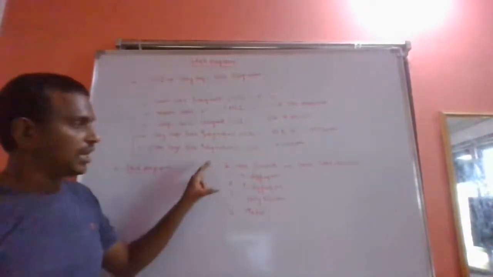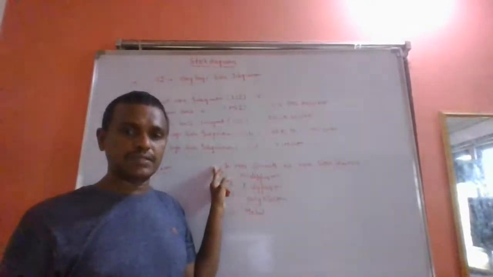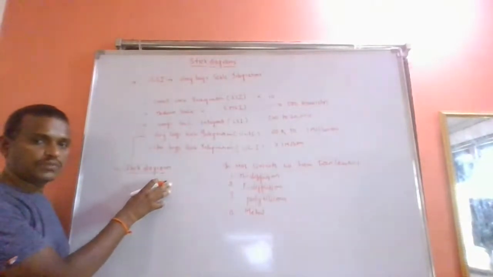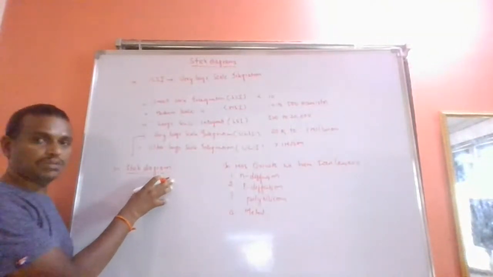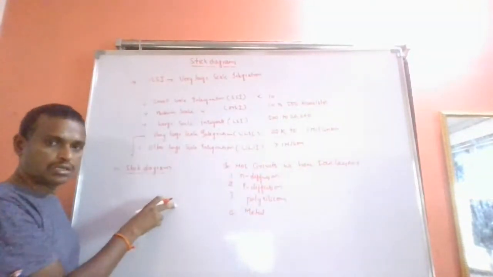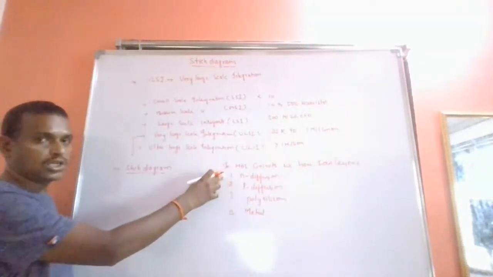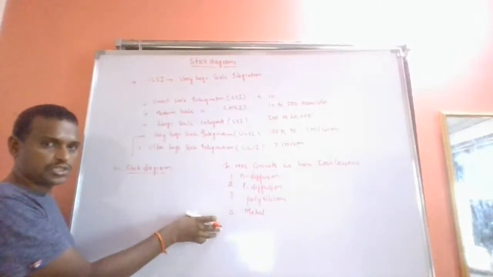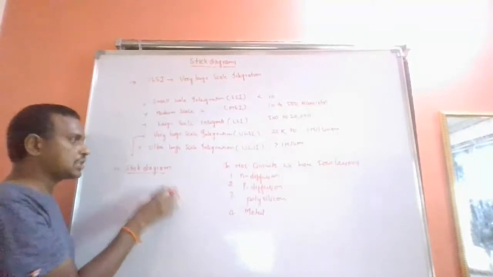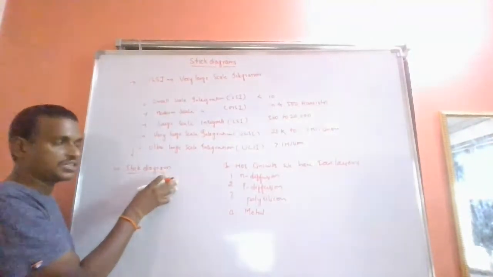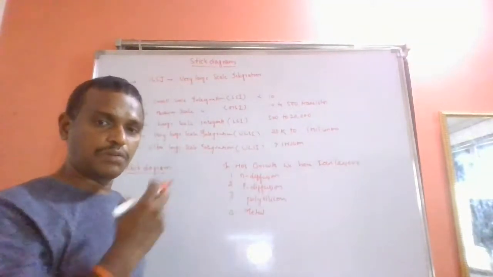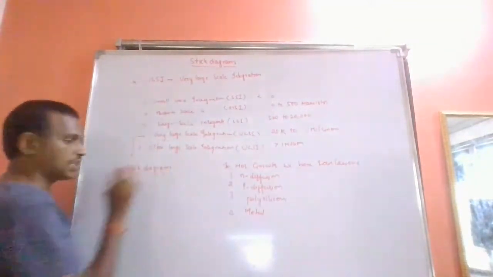These are the layers we have in our MOS circuits. So what does stick diagram mean? A stick diagram is nothing but the transformation of this layer information into a pictorial representation. A stick diagram is the pictorial representation of the layer information.